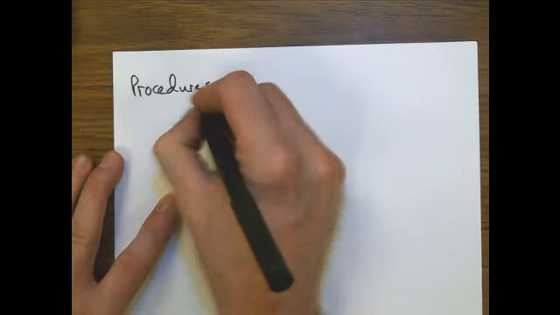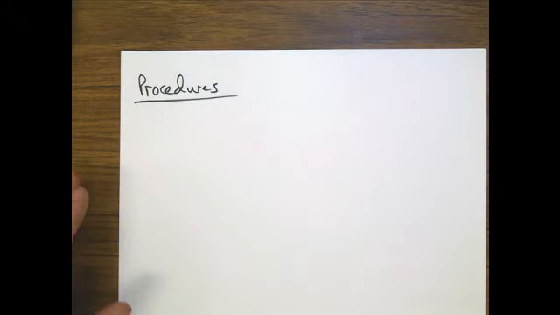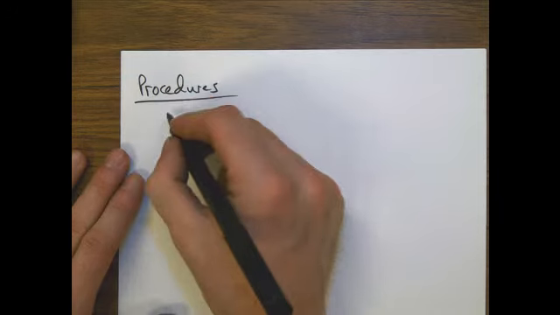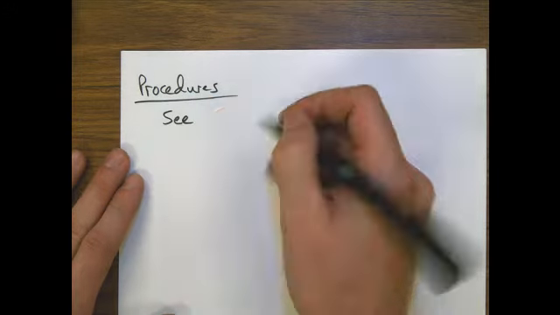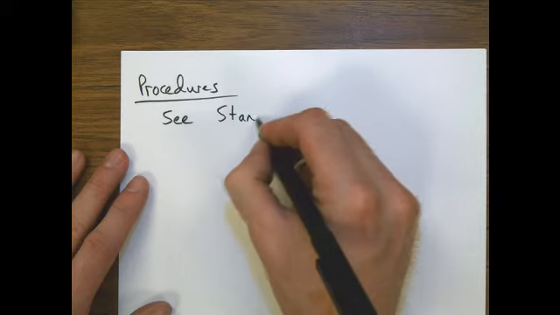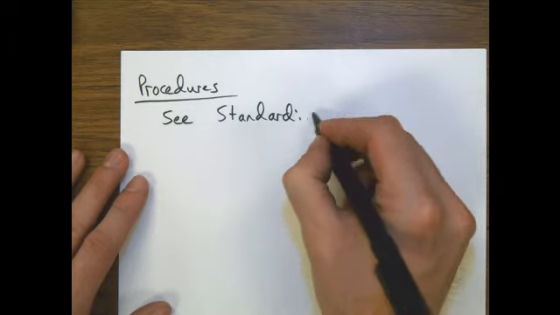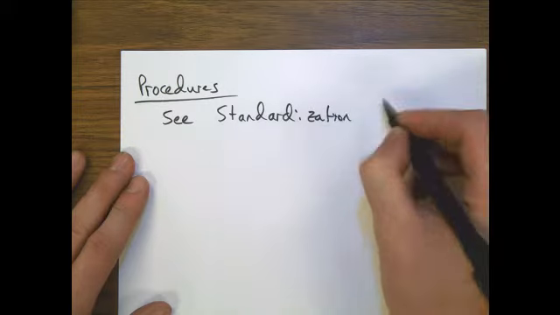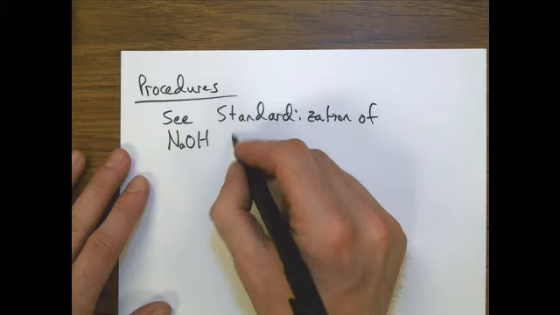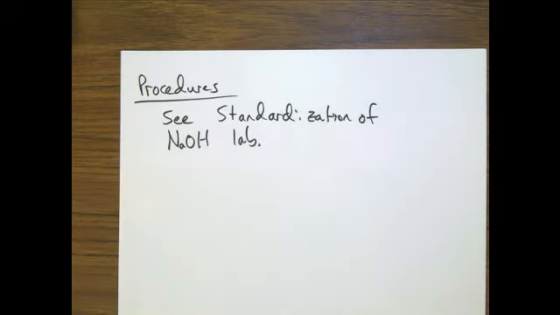So our procedures are going to say to see the previous lab. What you're going to do is write: see standardization of NaOH lab. And you're going to use the same procedures.